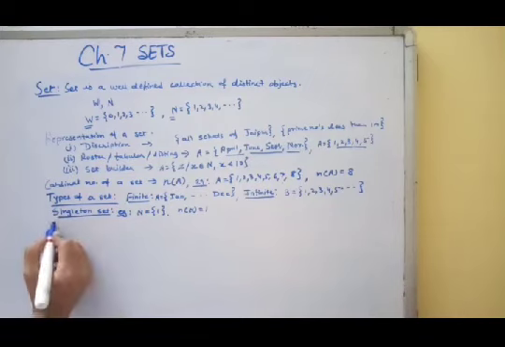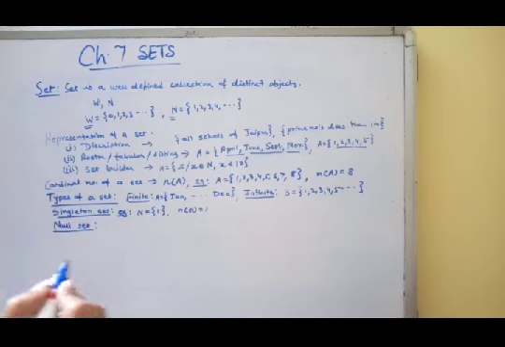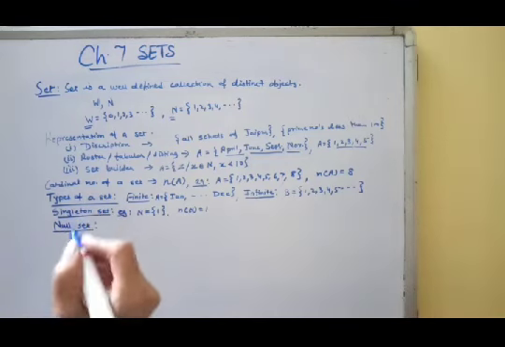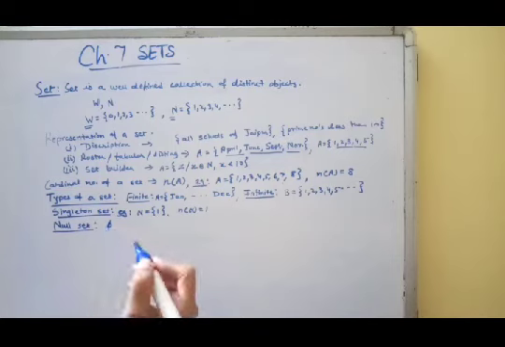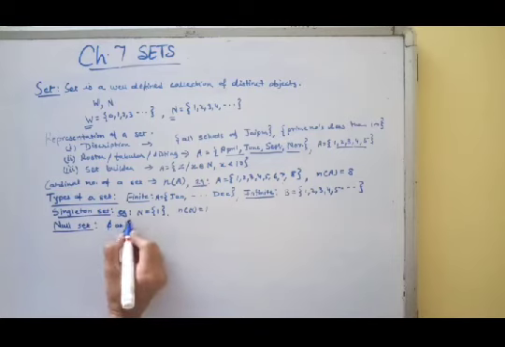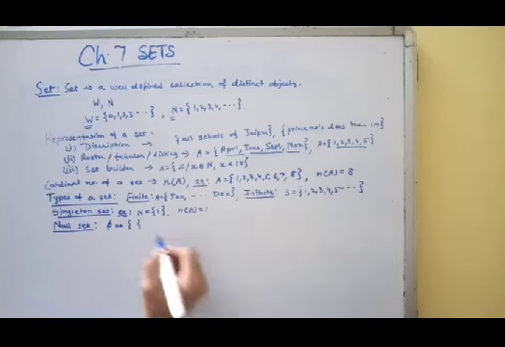Now next is the null set. It is also called the empty set. A set that does not contain any elements is called a null set or empty set. Its symbol is phi or only this curly bracket, and the cardinal number of this set is 0.